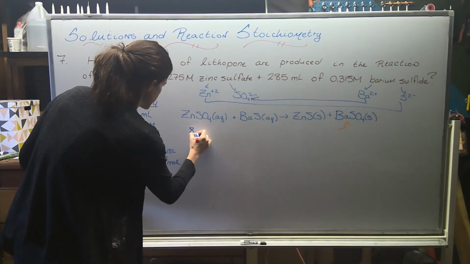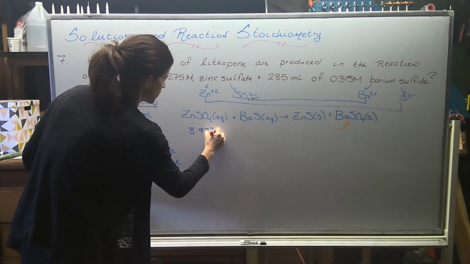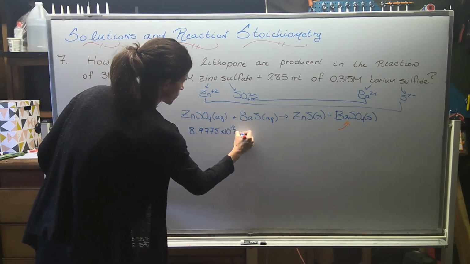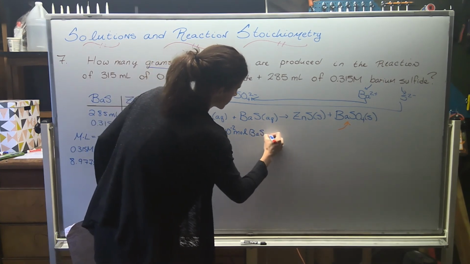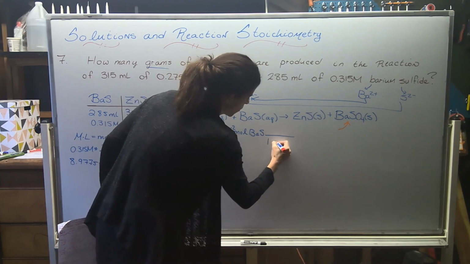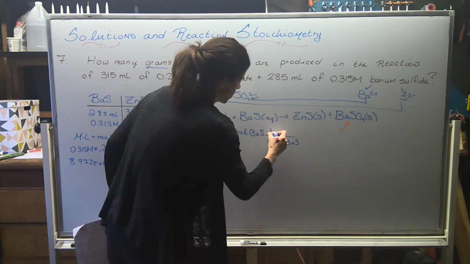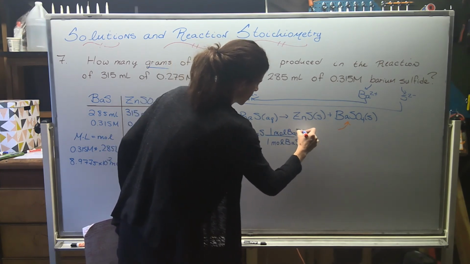If I have 8.9775 times 10 to the -2 moles of barium sulfide, and then there's ones out front, so I know 1 mole of barium sulfide is going to make 1 mole of barium sulfate.